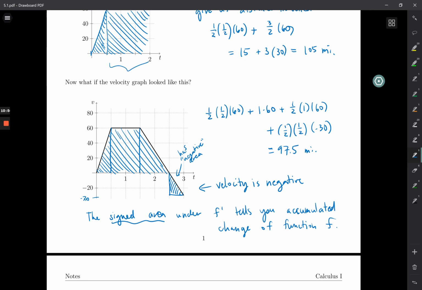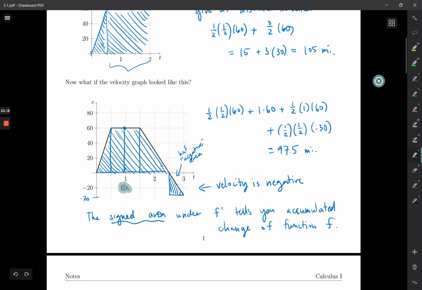So when we say signed area, that means we subtract things that are below the x-axis and we add things that are above the x-axis. And so all the time when we're talking about area beneath a curve, you travel from the curve, wherever you might be along the curve, and go down or up until you hit the axis, and then you stop. So that's why I've shaded in this area right here and nothing below it down here.